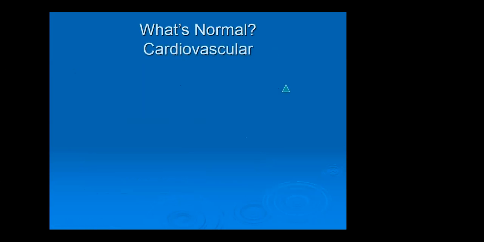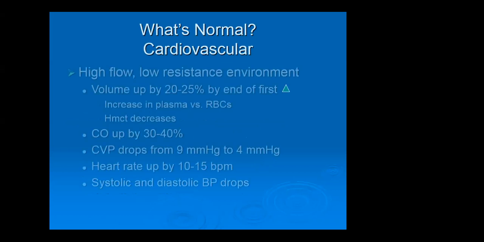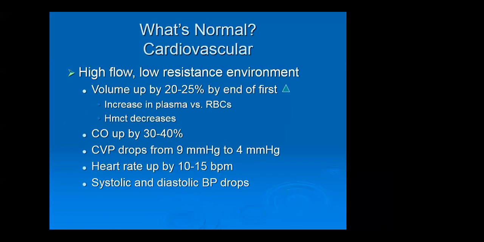So cardiovascularly, what changes? It becomes a high flow, low resistance environment. The volume jumps up 20 to 25% by the end of the first trimester, and they have an increase in plasma and red blood cells while the hematocrit decreases.